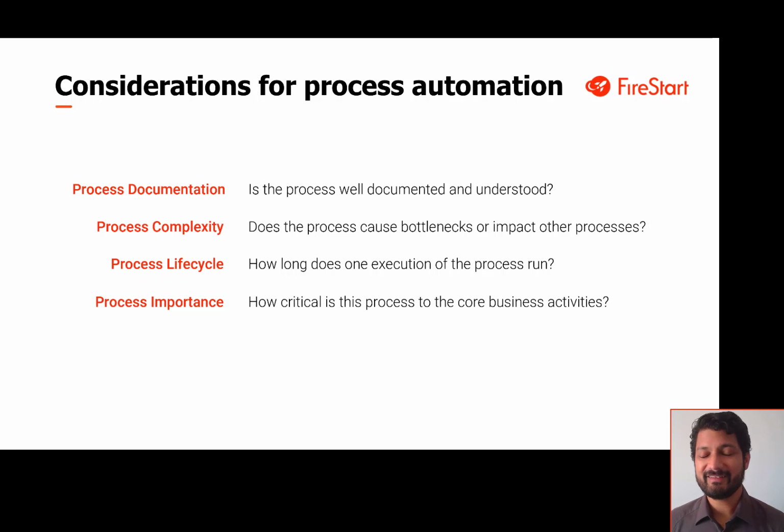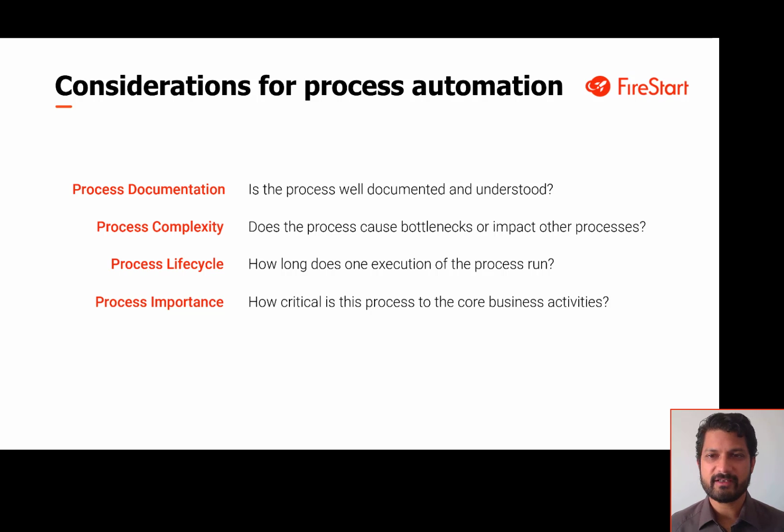Obviously, how critical is this to your core activities? And just to touch on that a little more, it's important to note that it doesn't mean you should pick a process that is critical, and it doesn't mean you should pick a process that isn't critical. It really depends on you. Picking a process that's a support process for your organization might give you a lot of benefits, but may not ultimately improve the bottom line in the organization.